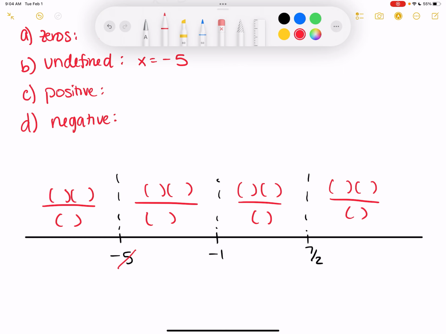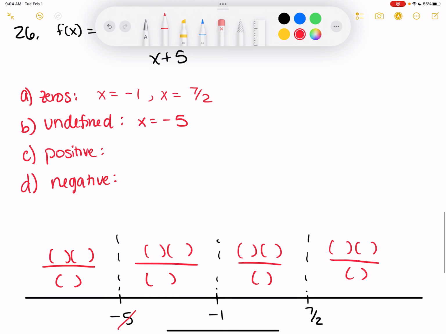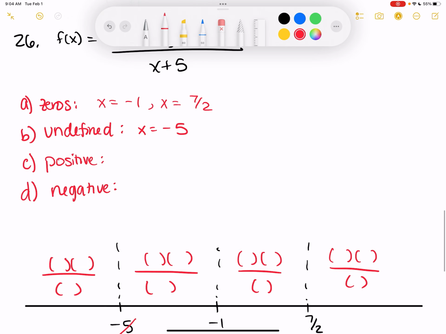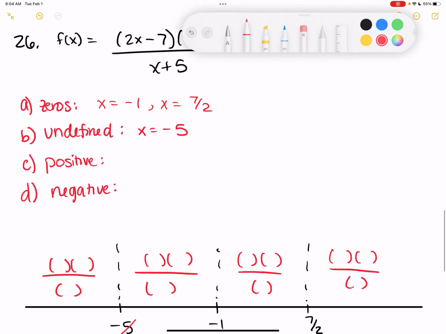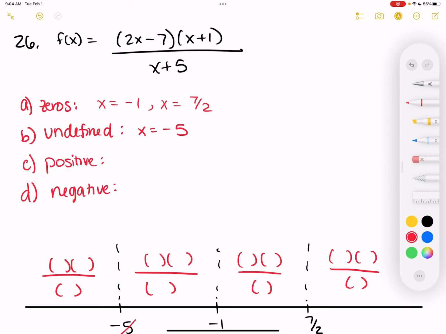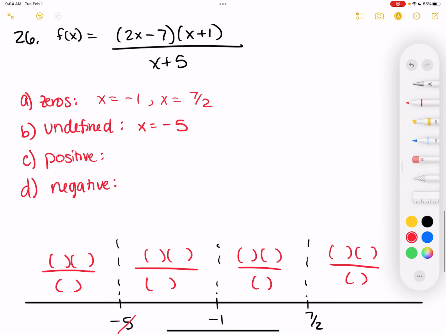All right, so picking a value to go in here, I'll choose -6.